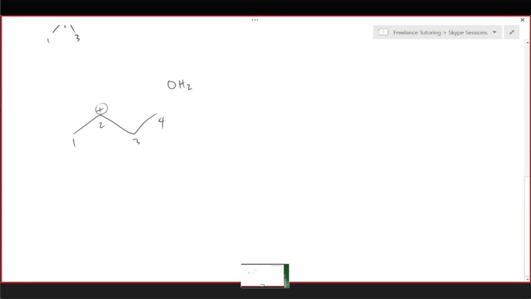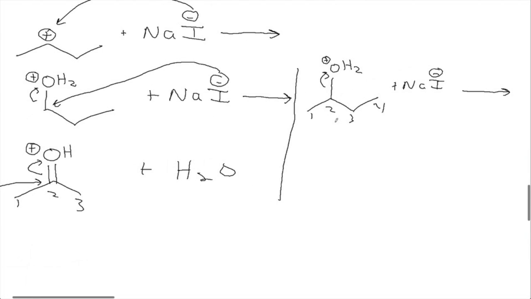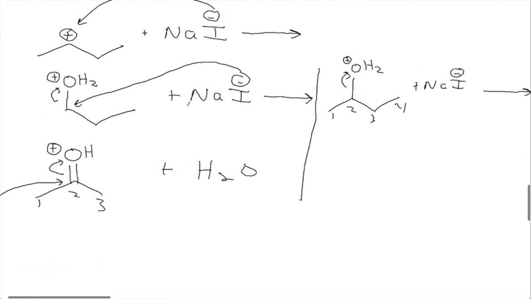Good. So you changed two charges. Now we formed here a carbocation. Is this an acceptable carbocation? Yeah, it is a secondary carbocation. We've talked about how those are acceptable. What types of carbocations are not allowed? Primary. That's right. Good.